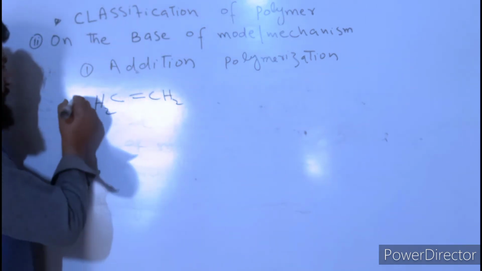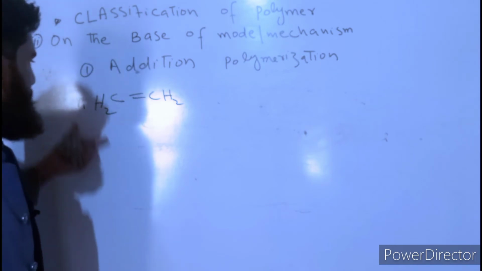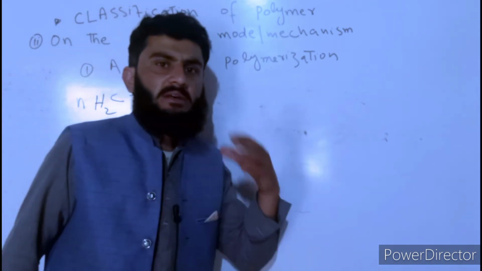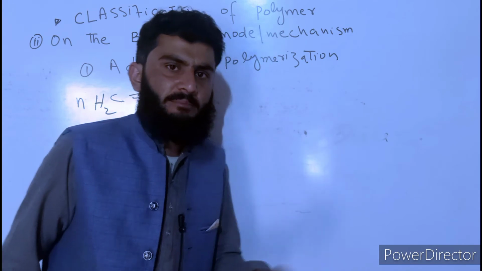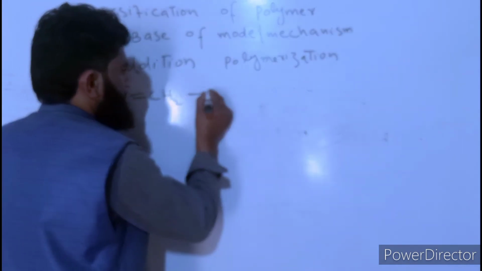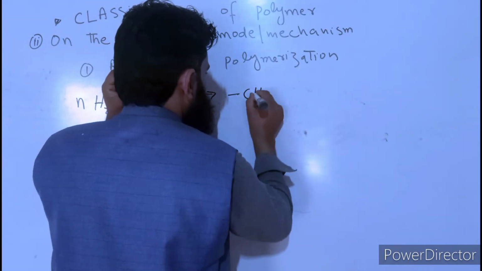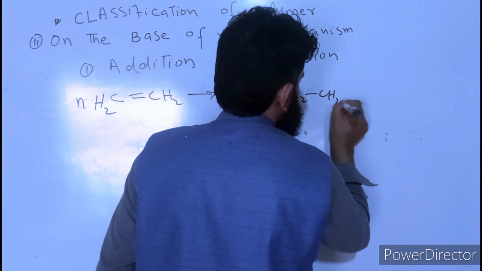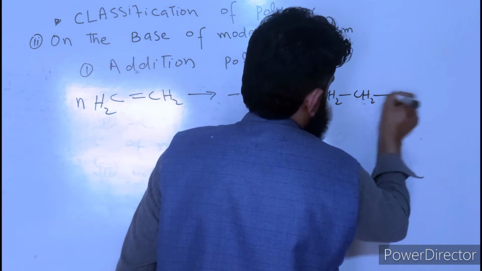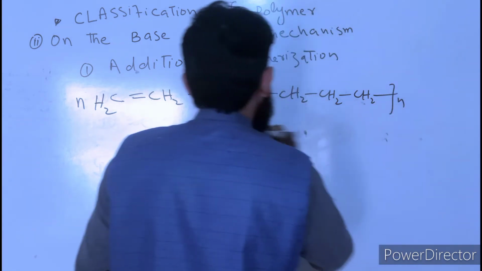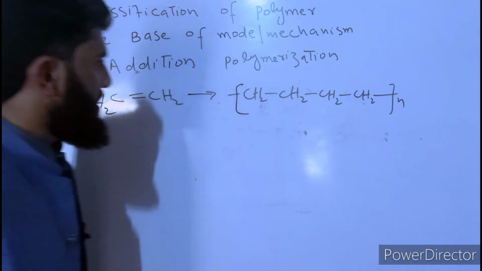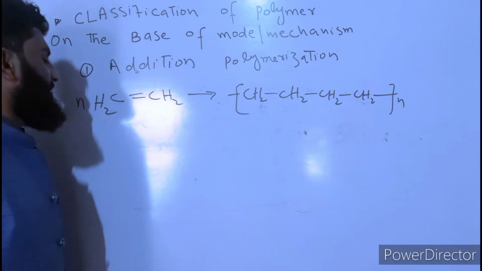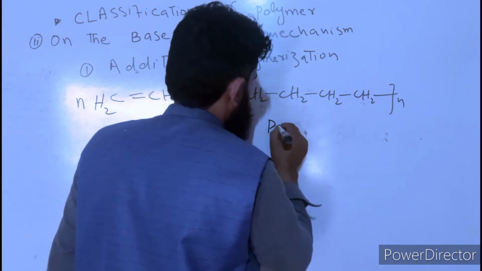When n number of ethylene units combine, what do they form? They form CH2 and so on. Clear? So this is known as polyethylene.